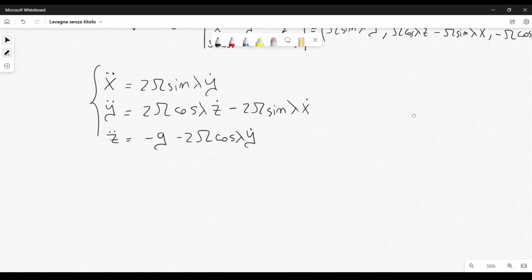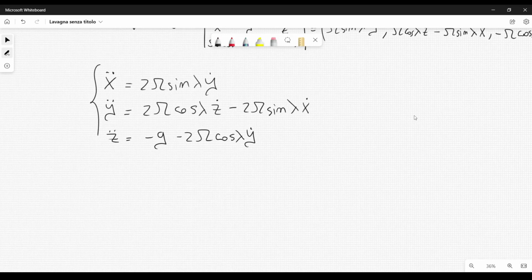Now we can integrate these equations one time, then we will have to integrate one more time, but first things first, let's take the first equation. We can rewrite that by integrating both sides, multiplying by dt, the differential of time. When you multiply x double dot by dt, you can rewrite that as dx dot, because dx dot over dt is equal to x double dot.